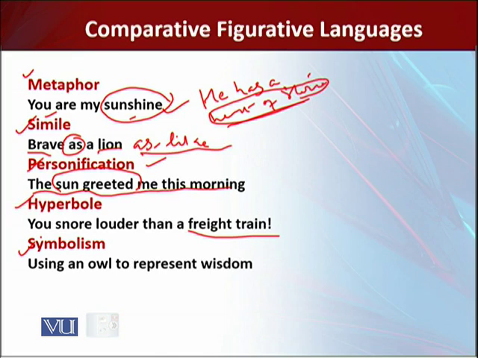Another is symbolism. Symbolism occurs when a word has its own meaning but is used to represent something entirely different. Using an owl to represent wisdom. There are so many examples where symbolism is used. A chalkboard represents education.